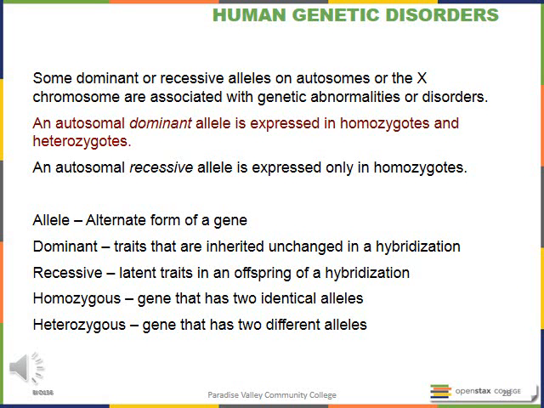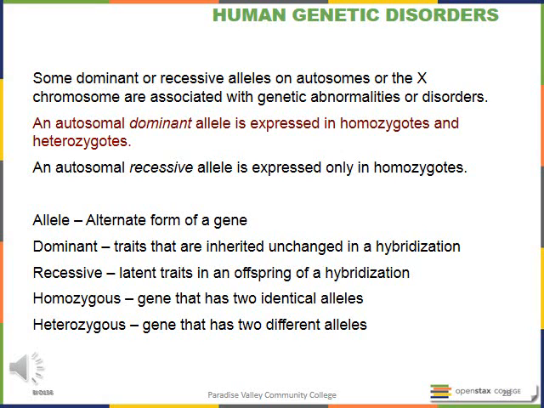Okay, in the next few slides, we're going to be talking about human genetic disorders. Okay, again, this would be something a geneticist is going to determine, and oftentimes these are the errors in our genetic code that we are concerned about passing on down to our children, and so we will go and visit a genetic counselor who is a geneticist, and they will use a karyotype.